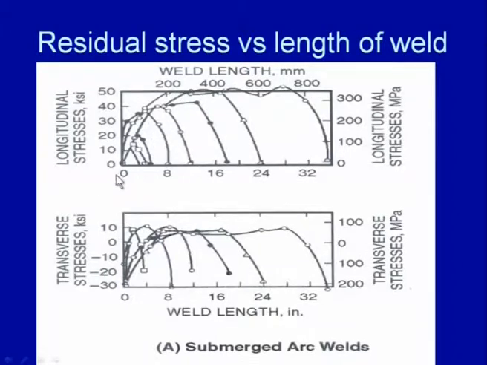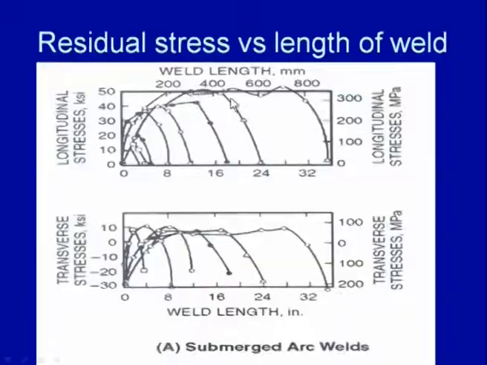So, basically from this diagram we can say that the maximum magnitude of the residual stress being developed is a function of the length of the weld, and it will keep on increasing until the length of the weld is more than about 400 mm. For weld joints longer than 400 mm, the residual stress magnitude is not affected at the center of the weld specifically, while at the ends the residual stress magnitude will be 0 in any case.